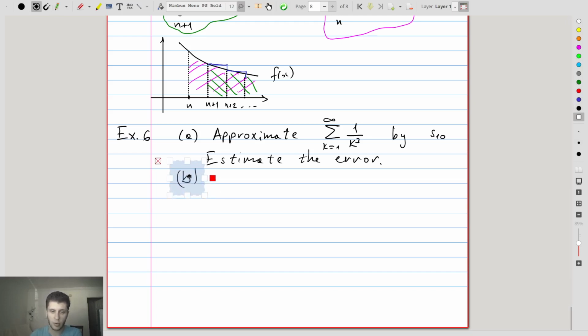So that's point A. And in point B, we will determine how many terms are necessary for the precision of 10 to the negative fifth.